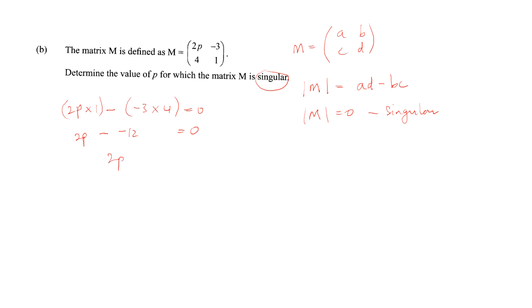So this is the same as saying 2p plus 12 is equal to 0. 2p is equal to minus 12. P is equal to minus 12 over 2. Therefore, P is equal to minus 6. So just note that for a singular matrix, the determinant is equal to 0.